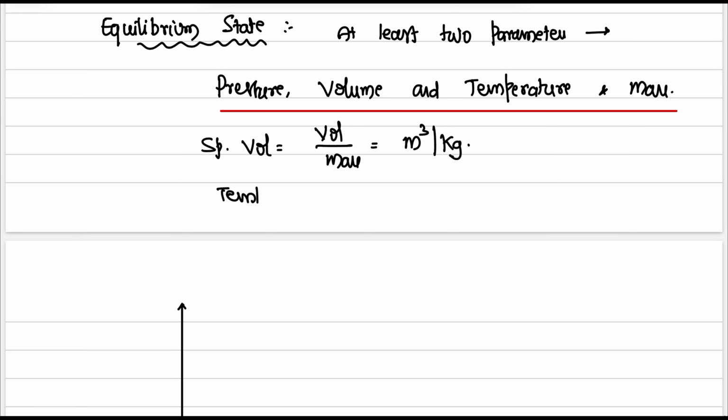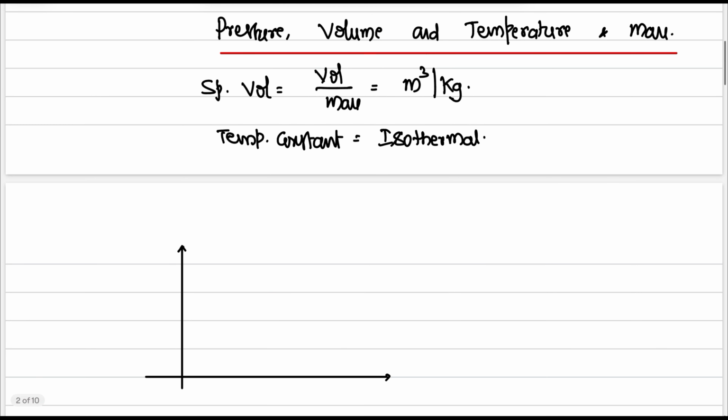Temperature constant means I am giving only some examples. Temperature constant means isothermal. When temperature is constant, what are the two parameters we require for understanding the state of a fluid such as gas? We require pressure and volume.